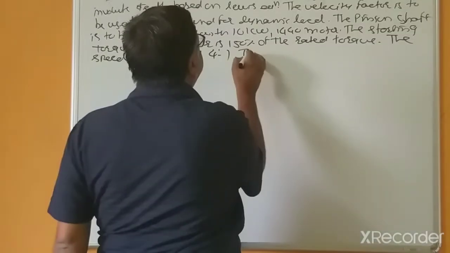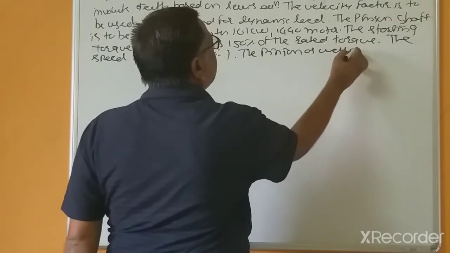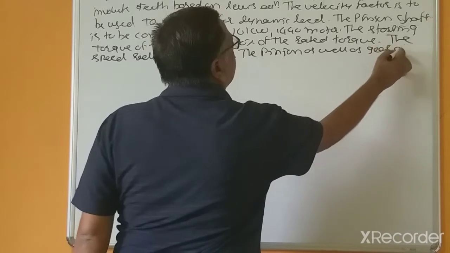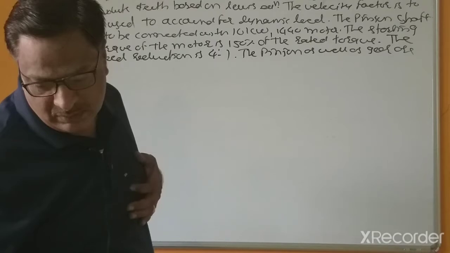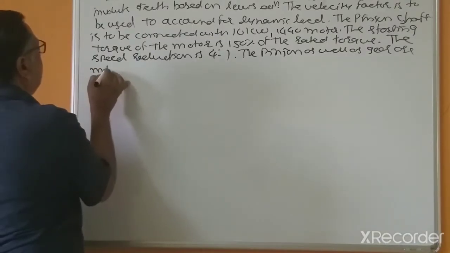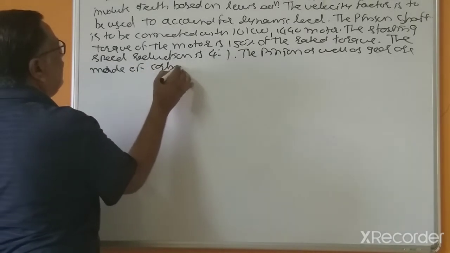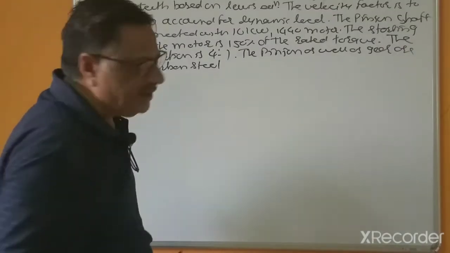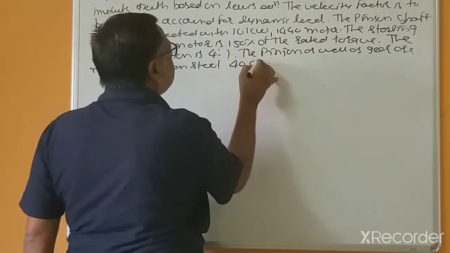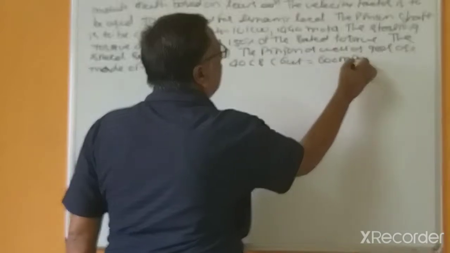The pinion as well as gear are made of carbon steel 48, with sigma ut equal to 600 megapascal.